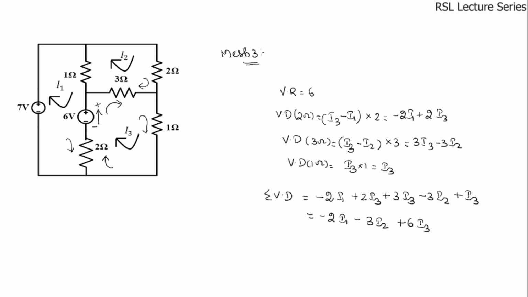Now by Kirchhoff's voltage law, the sum of the voltage rise is equal to the sum of the voltage drops. So we equate this summation of voltage drop to voltage rise. This will be minus 2I1 minus 3I2 plus 6I3 equal to 6. This is equation number 3.